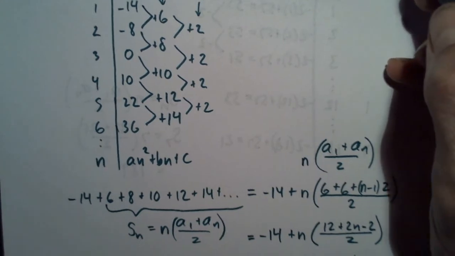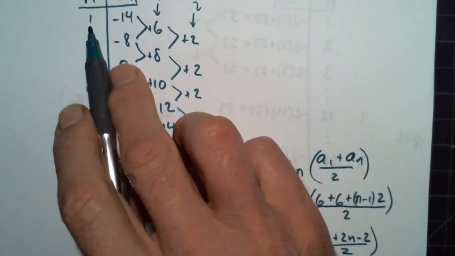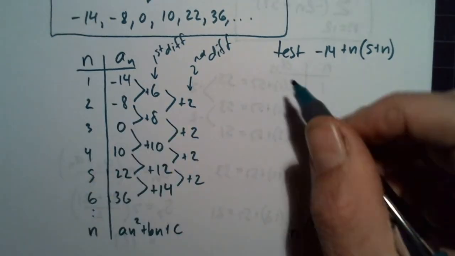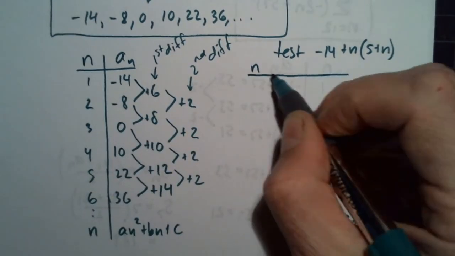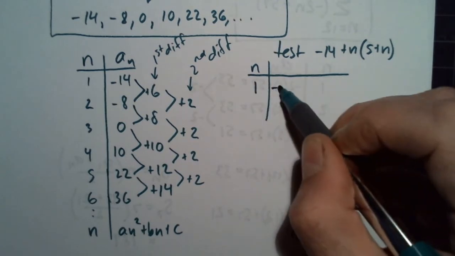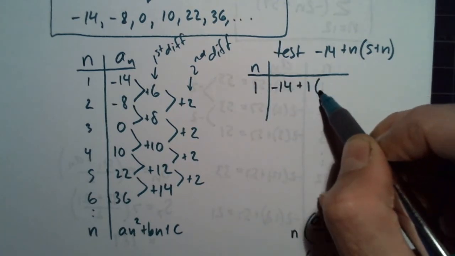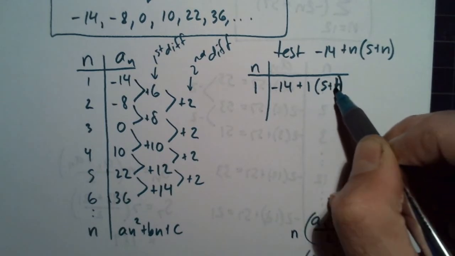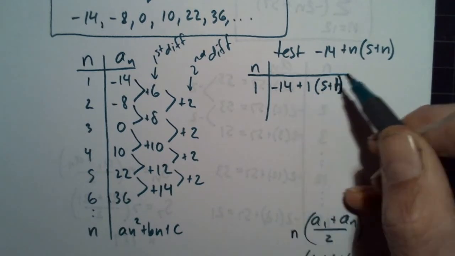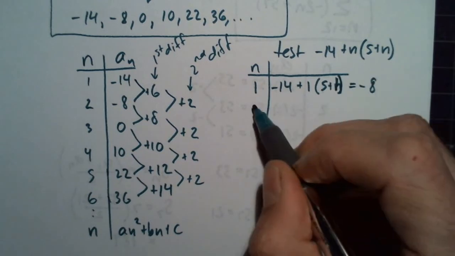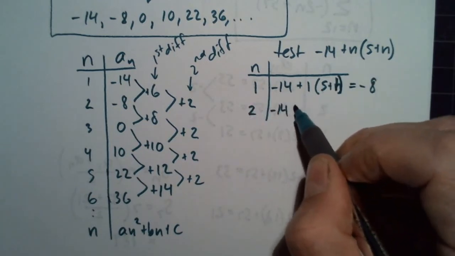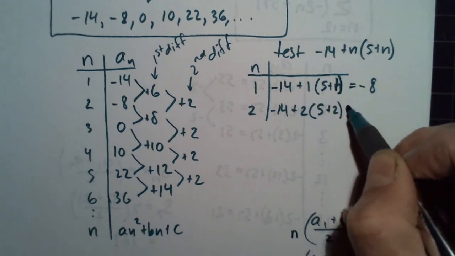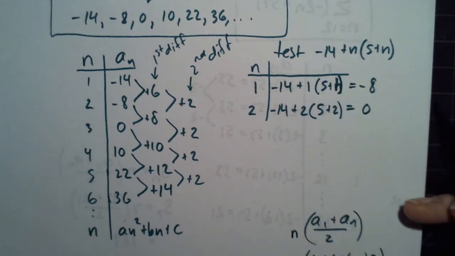If we put a 1 in, we're supposed to get negative 14. So let's put a 1 in here. Five plus 1, 6 plus negative 14, that equals negative 8. Let's put a 2 in. 2, 5 plus 2, 7, 14, that gives us 0.